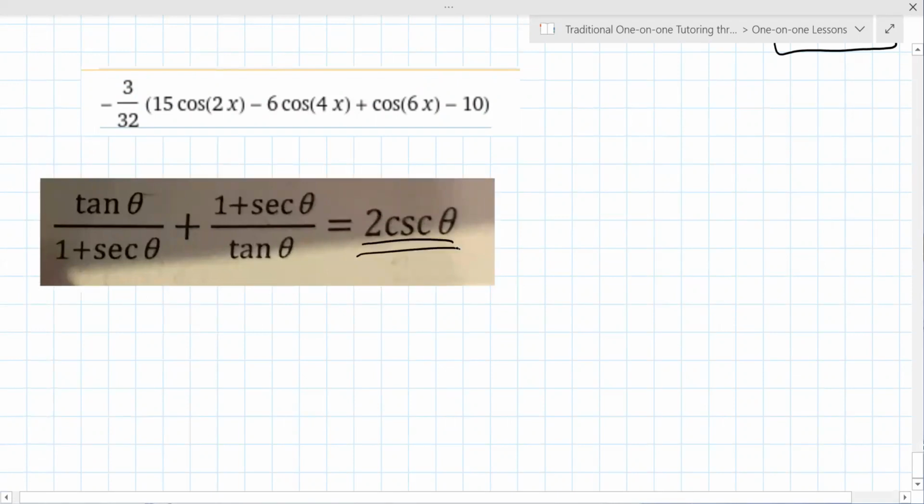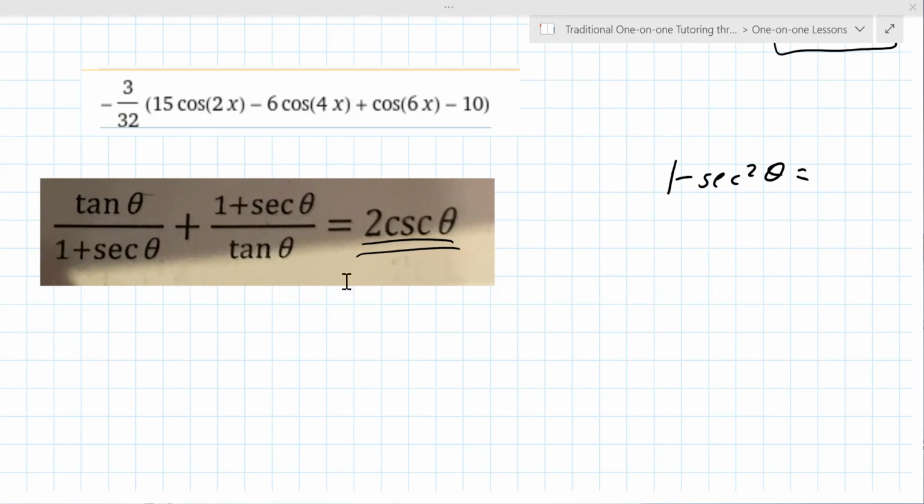So maybe there's something here that's not bad. Whenever I see a 1 plus, I'm tempted to multiply by the conjugate. But I want to check, is 1 minus secant squared theta a half angle, or I'm sorry, a double angle? I gotta look. No, well, secant squared minus 1 is.